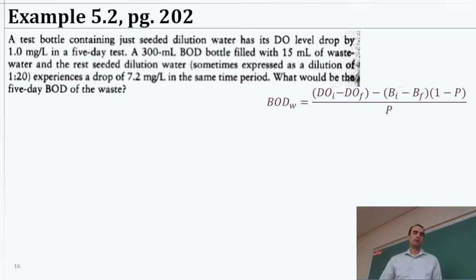And that one experiences a drop of 7.2 milligrams per liter in the same time period. So the question is, what would be the 5-day BOD of the waste? So take a couple minutes and work on that, given the information there.